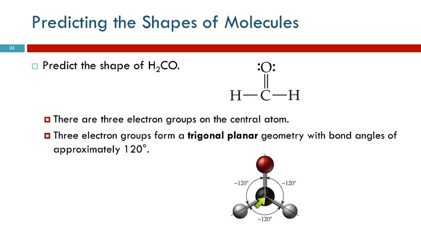These can get away from each other in a plane by separating 120 degrees. So the 3 groups will make this shape. This is called trigonal planar geometry. It's a triangle, and it's in a plane. It's flat. Okay, trigonal planar.